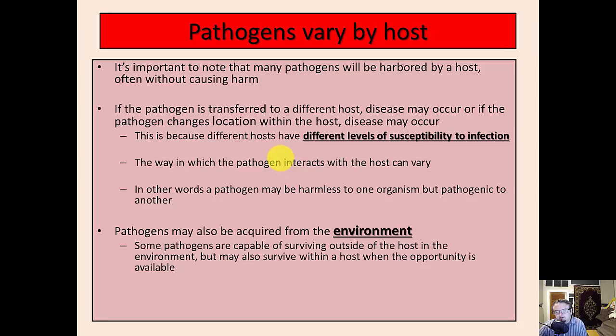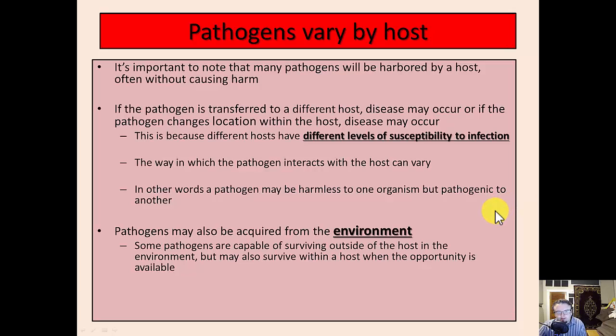And the idea is that while they can be shared amongst different species, each species has a slightly different response to it. So as an example, cats can carry a bacteria known to cause cat scratch fever. That's actually a real disease called cat scratch fever. And the idea is cats actually carry the pathogen that causes it without usually having any harm to them.